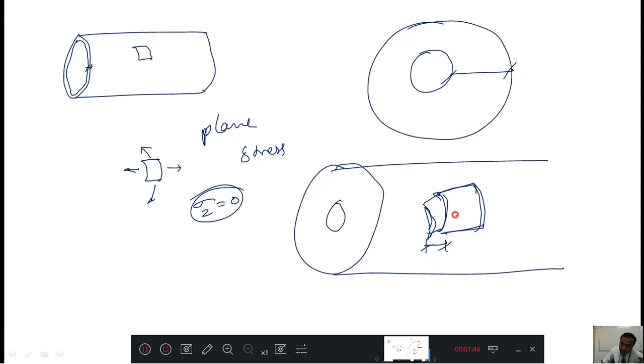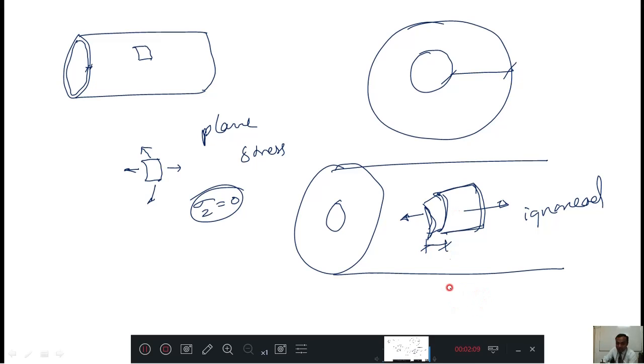The strain in the z direction is ignored, but stress in the z direction cannot be ignored. That I will explain in the thick and thin cylinders chapter. Stress in the z direction cannot be ignored, but strain in the z direction can be ignored.